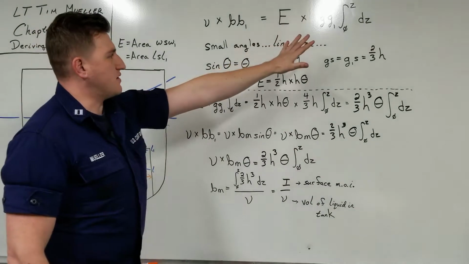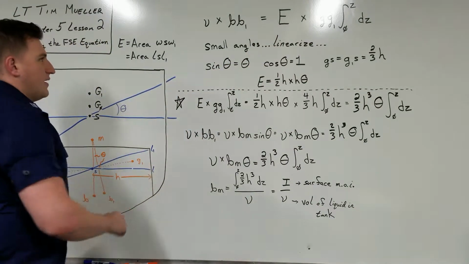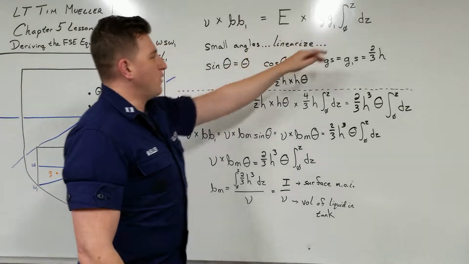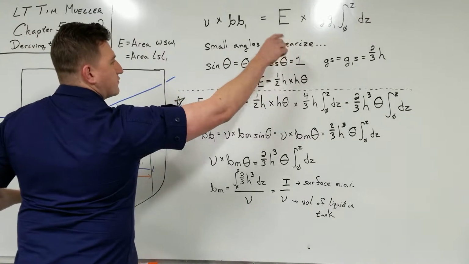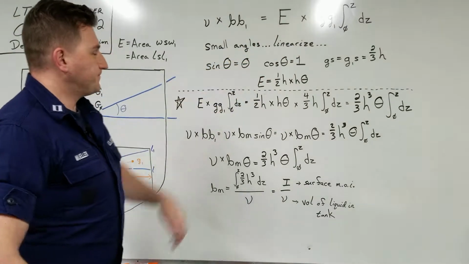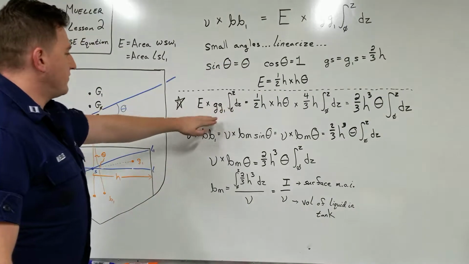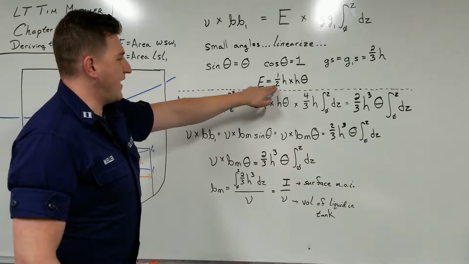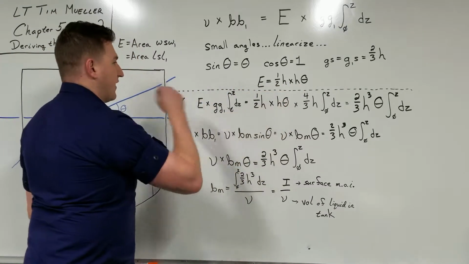Let's work on the right side for now. We have E, the area of this triangle, times GG1, the overall distance here, times the integral from 0 to some point in or out of the board, dz. Let's work with our linearizations. E equals 1/2 H times H theta, so we put that right there.